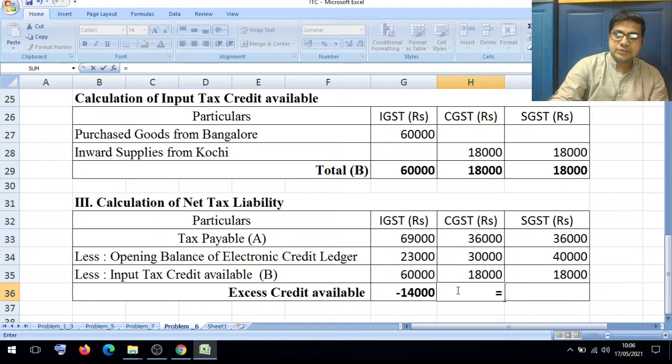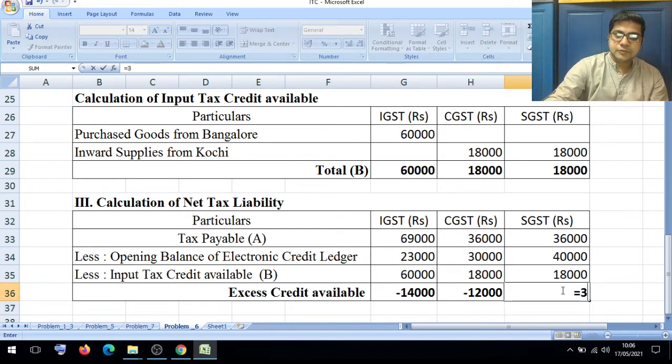Under SGST, 36,000 minus 30,000 minus 18,000 is also minus 12,000 balance available. This minus 12,000 is the excess credit available.